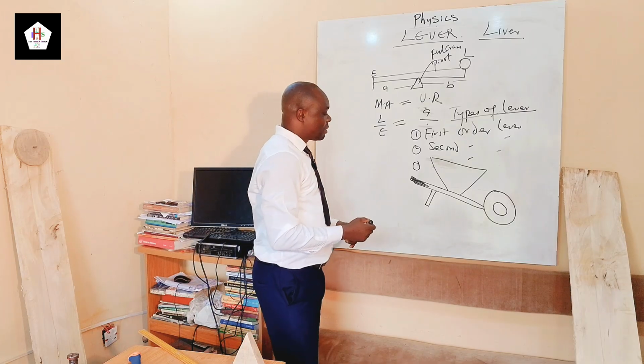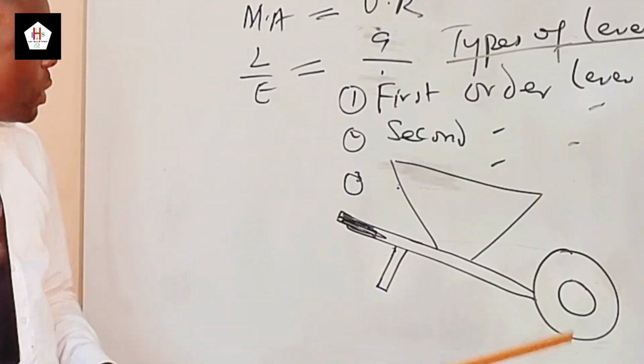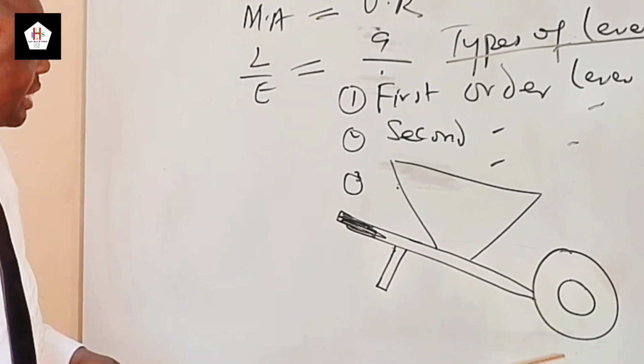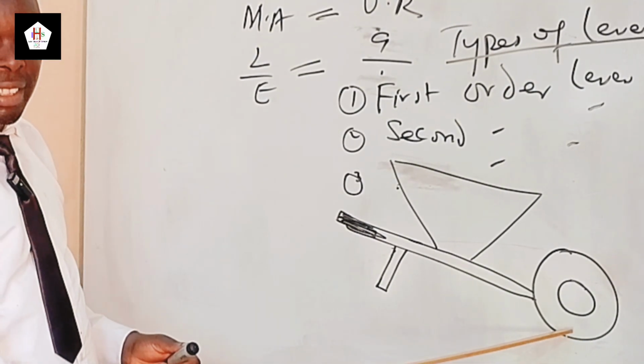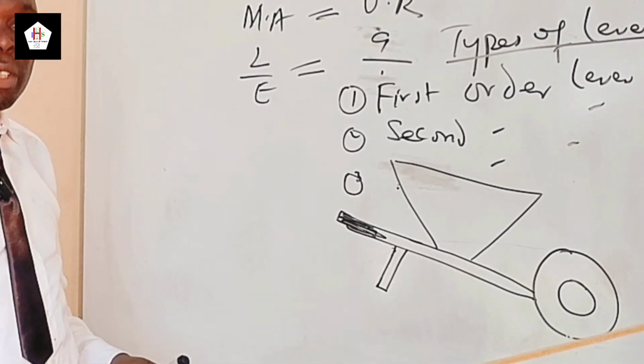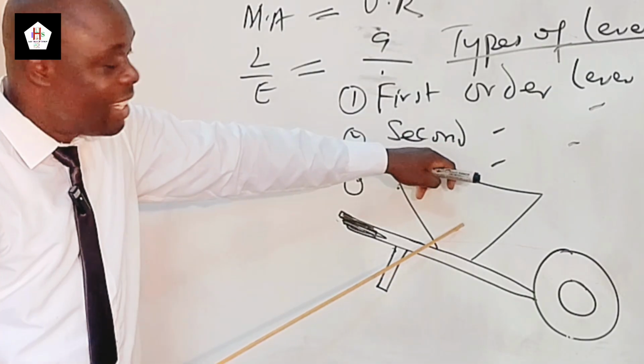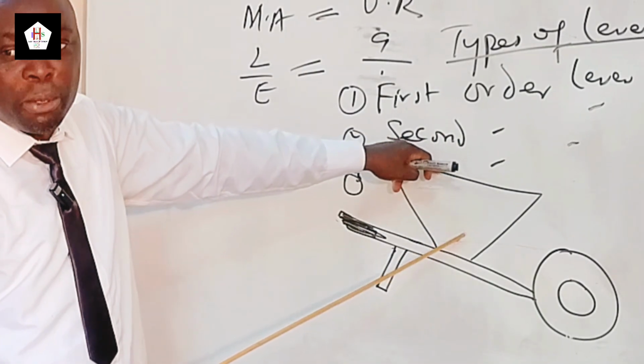Now, where do you think is the rotating part? Which part rotates here? It is the tire that rotates. Now, where do you put your hand? Where is the effort? This is the effort. What of the load? You put the load here. The load you want to carry to market, this is why you put it.